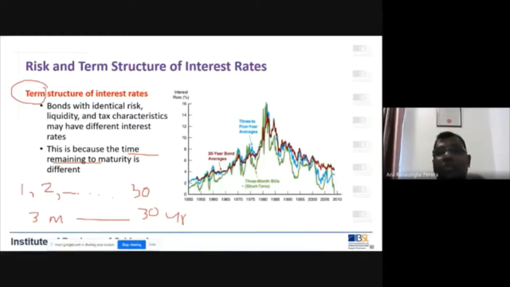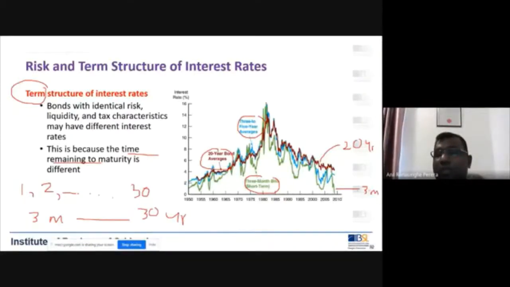Now in this chart we have three types of instruments. We have 20-year bond, 3 to 5 year bond, and 3-month bill. If you look at the lines, 3-month bill has the lowest line. This is 3-month bill. 20-year bond has the highest line, which means for 20 years interest rate is higher because risk is higher.